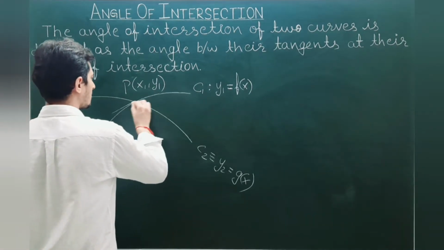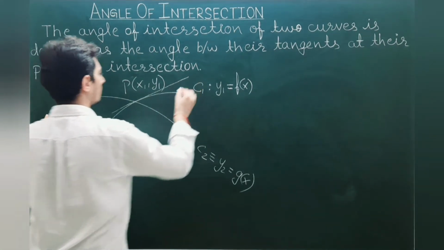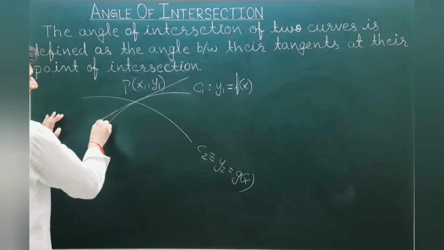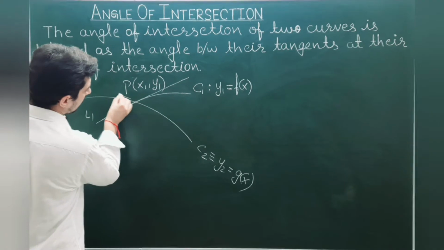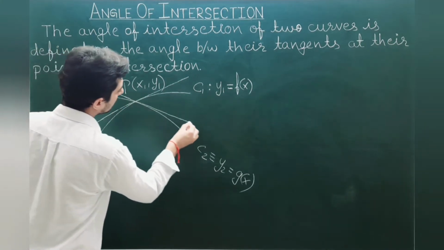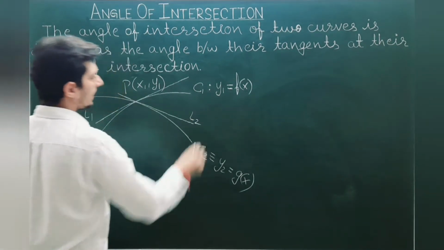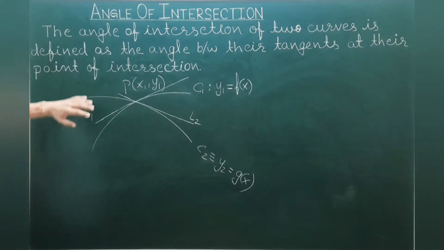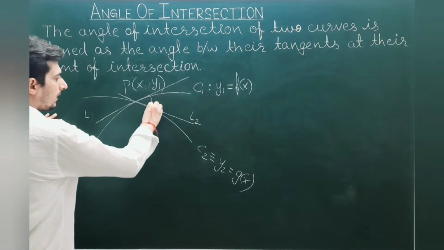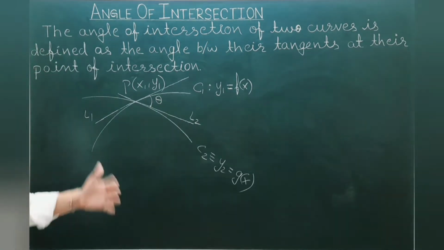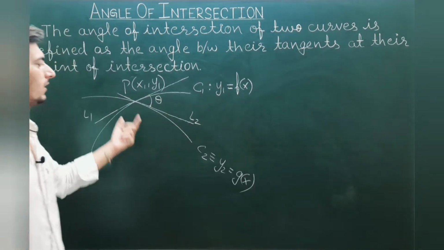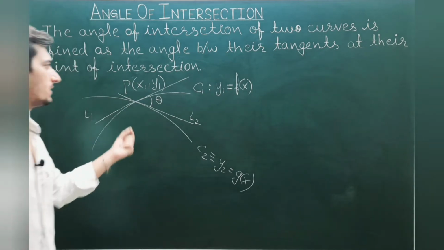To the curve C1, this tangent line, let me give it a name L1, and another tangent line to the curve C2, let's say its name be L2. Now this angle theta between L1 and L2 is the angle of intersection of the two curves C1 and C2.